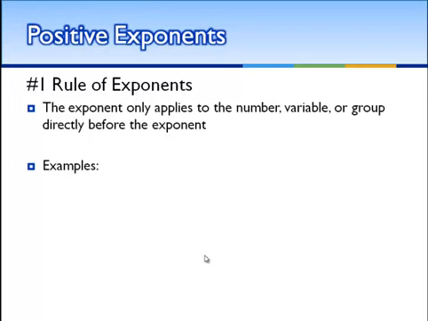So as an example, in 3 times x to the fourth, this 4 only applies to the x. And so this expression in what we call expanded form is 3, just once, times x times x times x times x.